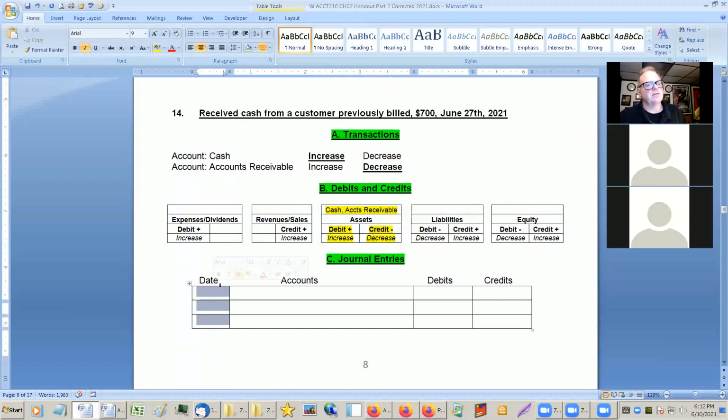So let's see here. And the accounts receivable is going down because they no longer owe us.